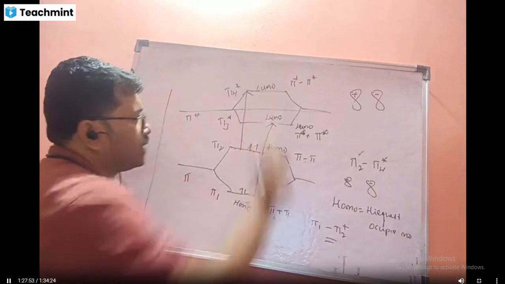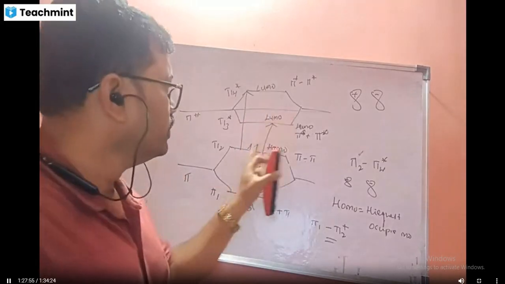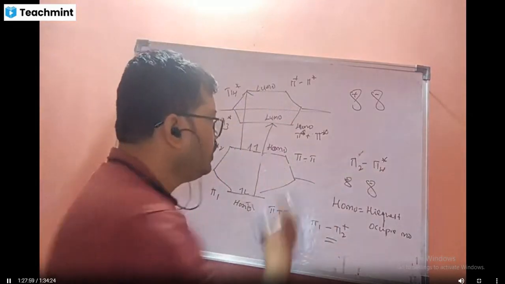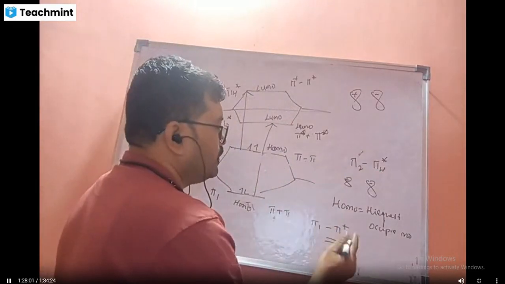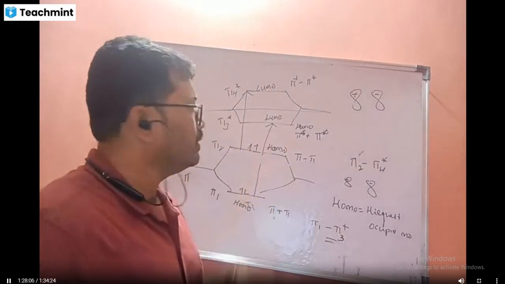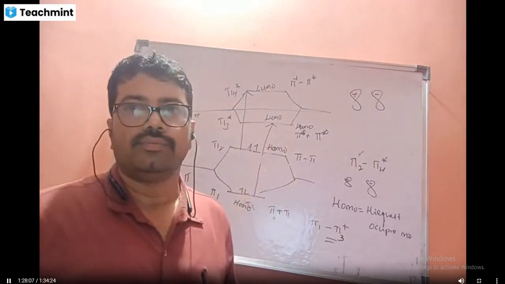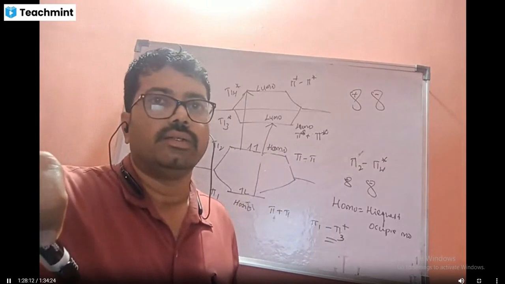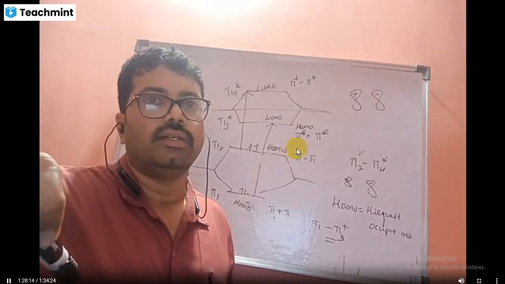For the first transition, HOMO to LUMO; for the second transition, this one: pi 2 to pi 4, pi 1 to pi 3. Okay, so these are the transitions.